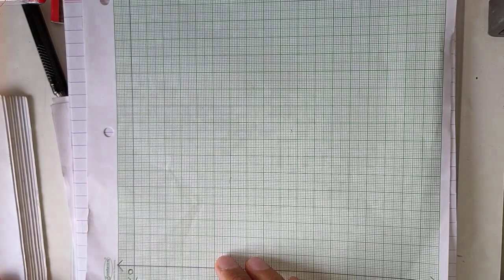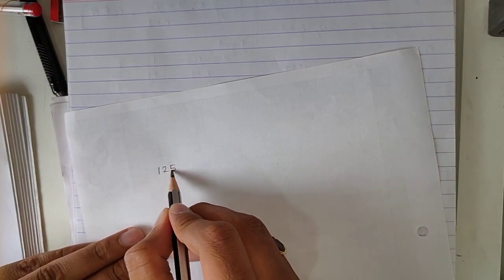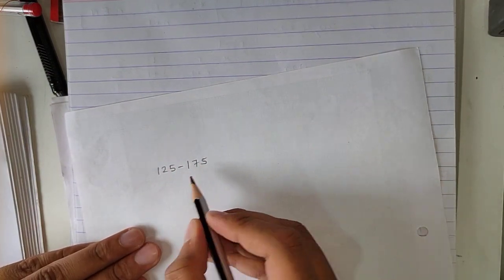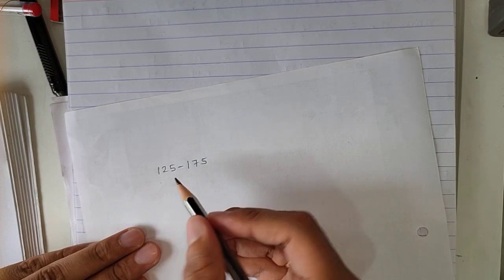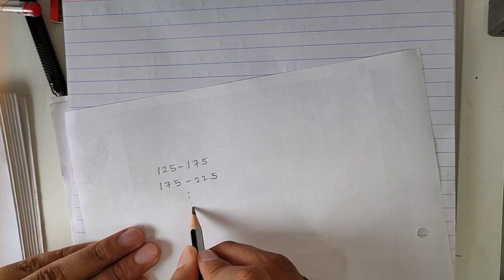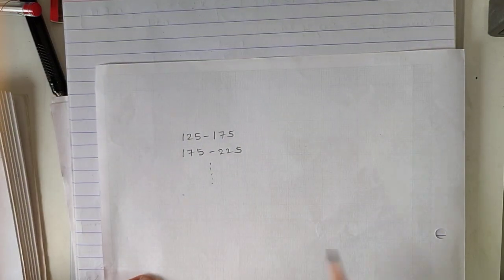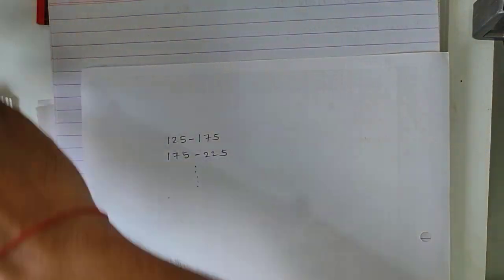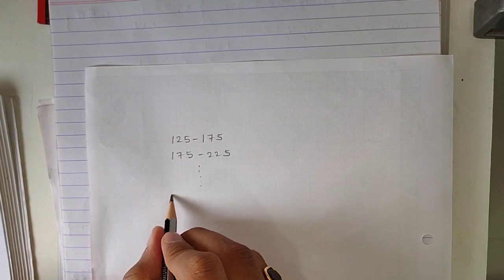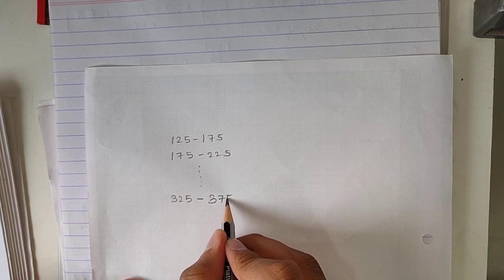Now the question, the intervals start from 125 to 175, then 175 to 225, and so on, and the last interval is 325 to 375.